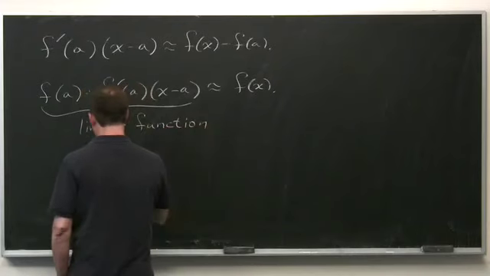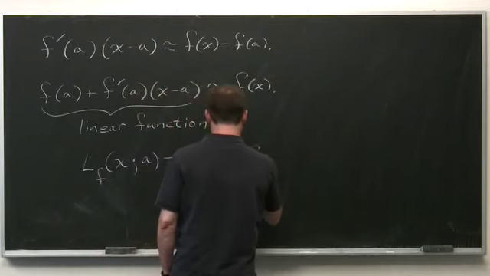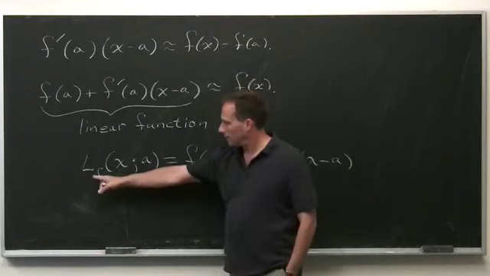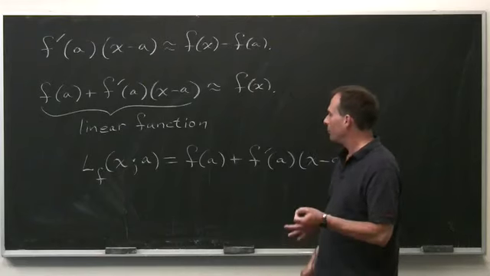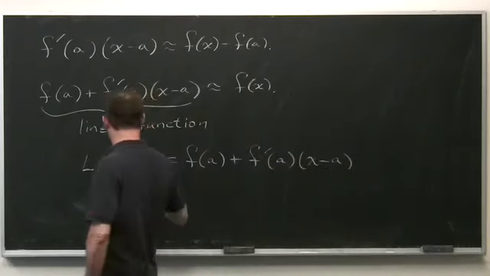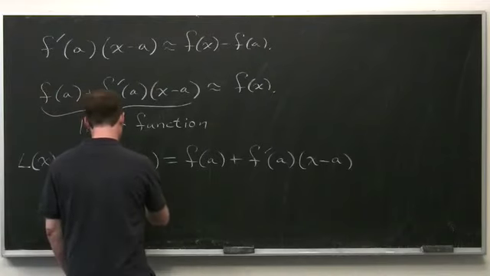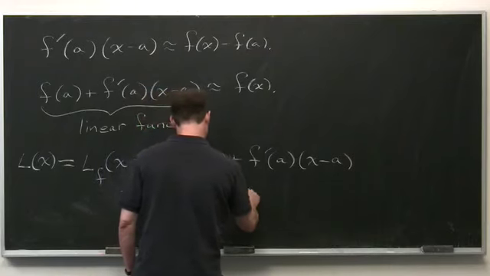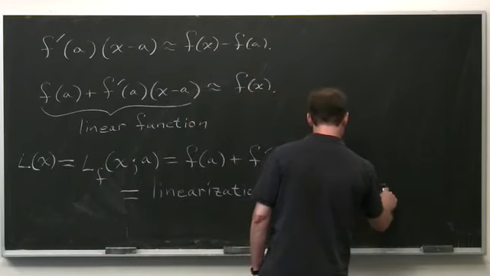We give that a name. You can write lots of complicated things like this, indicating the function that you started with and your fixed value of a, and you write all this notation. But if f is clear and a is clear, we would frequently just write this as L of x. This is the linearization of f at a.